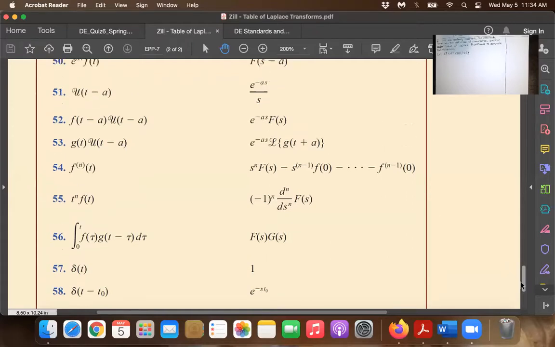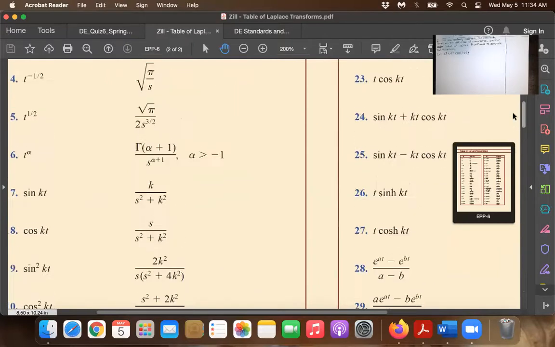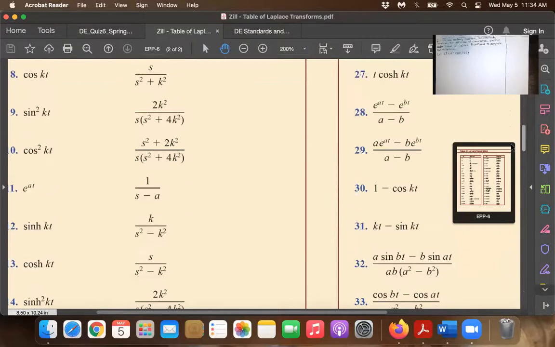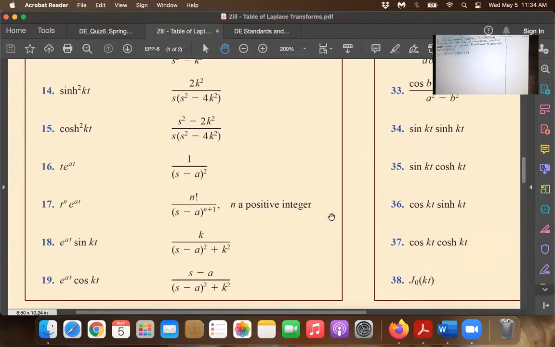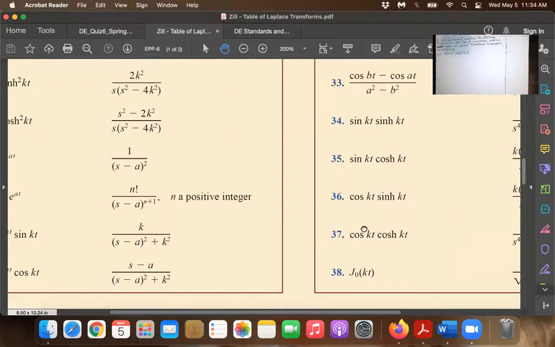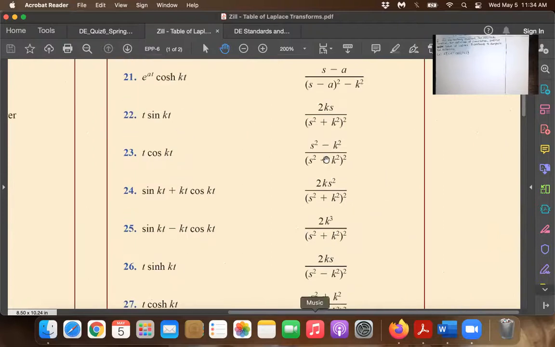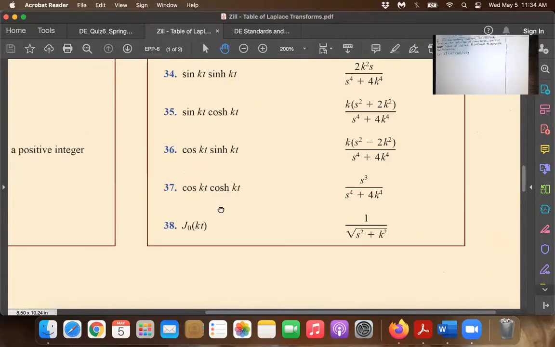And when we first learned our shifting theorems or translation theorems, same thing. We said if we take a function and we multiply it by e to the at, we end up with F of s minus a. And I thought that was on this first page, but it may not be. Maybe it's at the beginning of our second page.